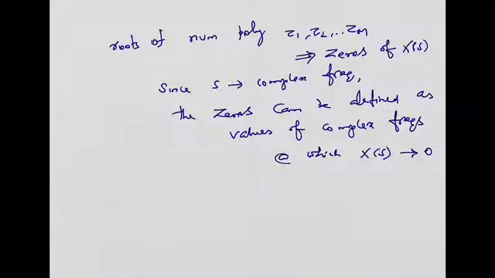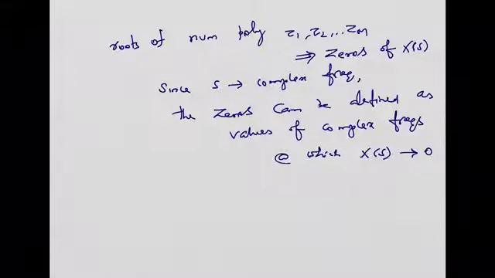Similarly, you can think about the roots of the denominator polynomial of the representation X of s. If the value of s is equal to any one of the roots of the denominator polynomial p1, p2, p3, p4, pn, then X of s will become infinity.